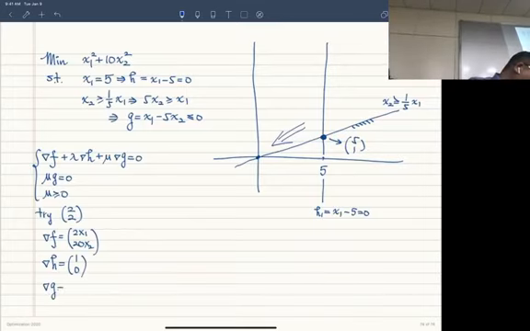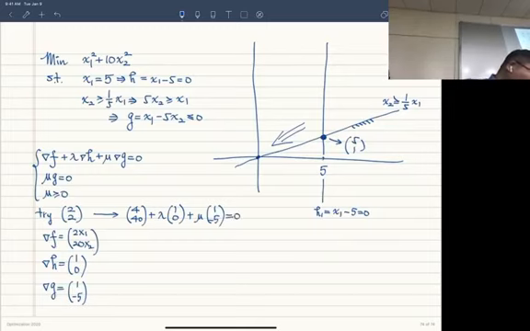Gradient g is 1 and negative 5. My gradient f in this case is 4 and 40, plus lambda times 1 and 0, plus mu times 1 and negative 5.